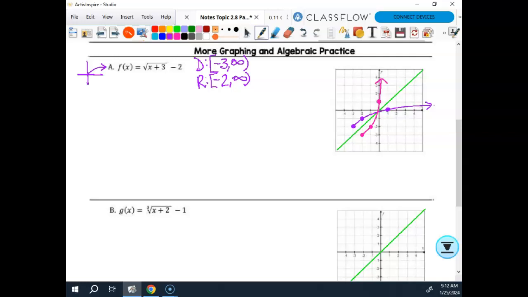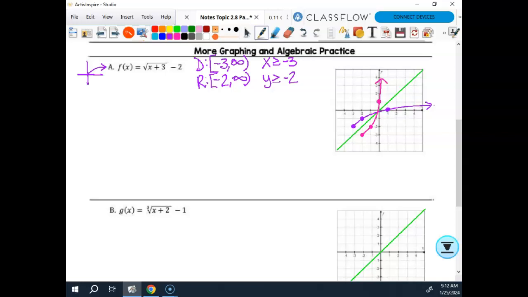So another way to say this interval for the domain is to say that x is greater than or equal to -3. And this would be y is greater than or equal to -2. Again, I prefer for you to write it in interval notation because I've done this for a long time, and that's where y'all overall have the most success of not messing things up, but you need to recognize that they're the same thing. Okay, we good with that?